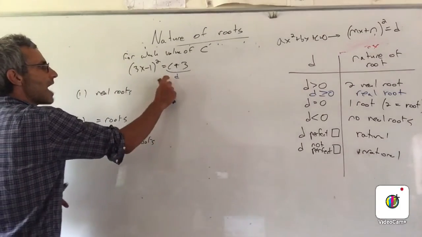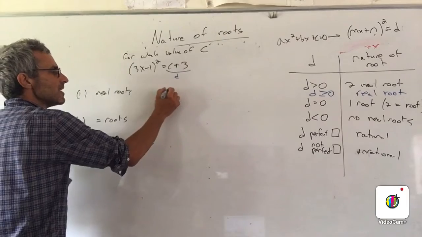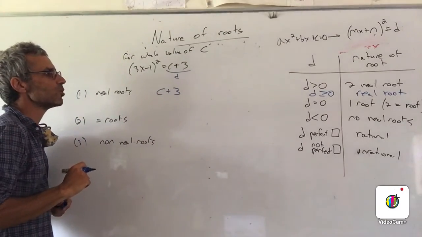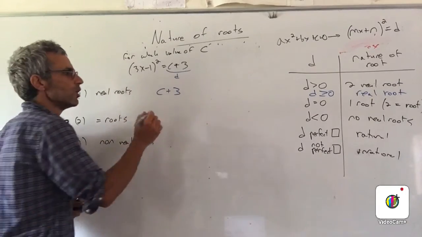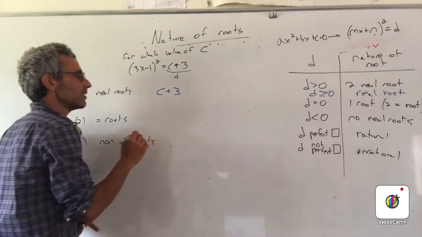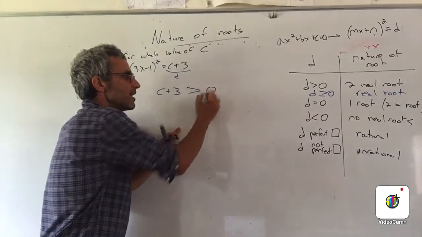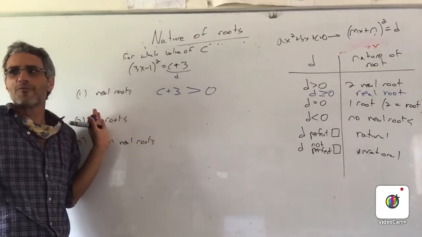So now I need to make an equation on C. C plus 3, which is my D, needs to be what? What kind of equation do I write for it? Equals 0? No, if it's 0, then I have one real root. Larger than 0? If it's larger than 0, then it's going to have two real roots. But they're not asking for two real roots, they're just asking for real roots.